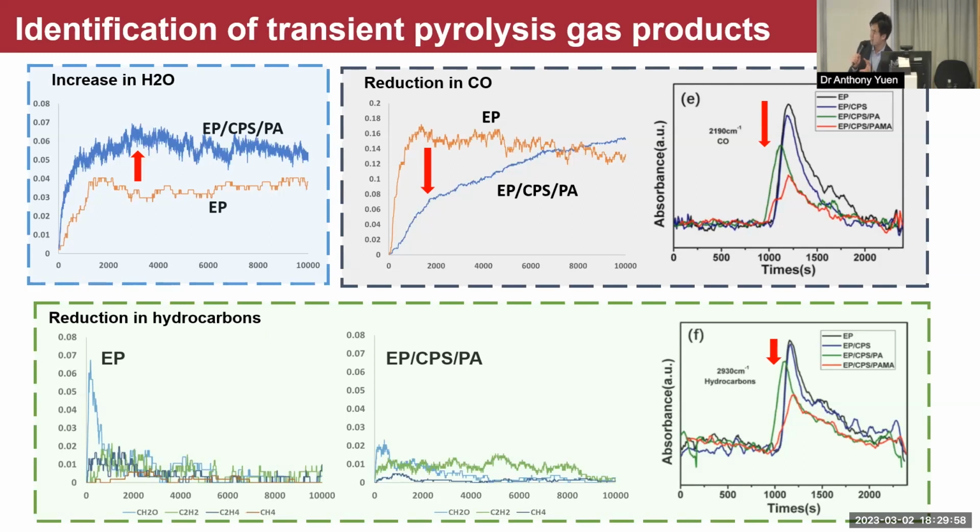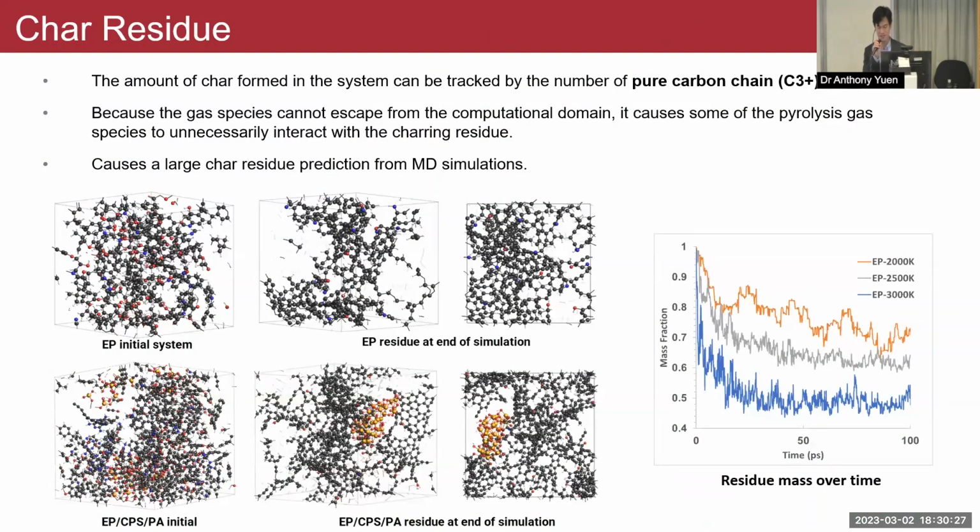Because it forms H2O, it reduces the amount of oxidizer that reacts with the epoxy itself. So you have less reaction, you have less CO at the same time, and you have a reduction in the hydrocarbons, which is also always an advantage, because mainly what burns in the epoxy system is the hydrocarbons. So if you remove a lot of them, then you will have much less combustion occurring.